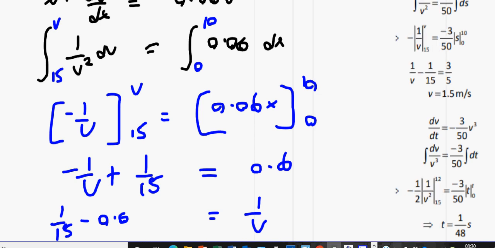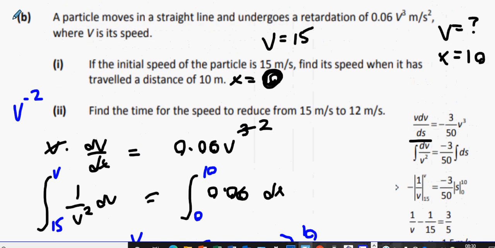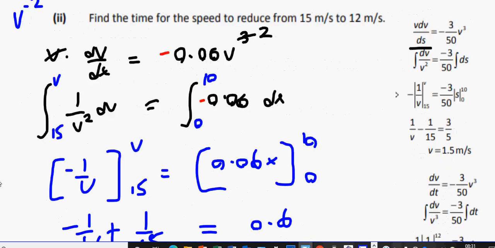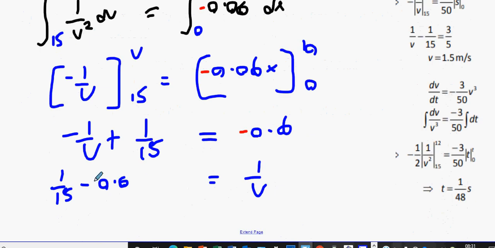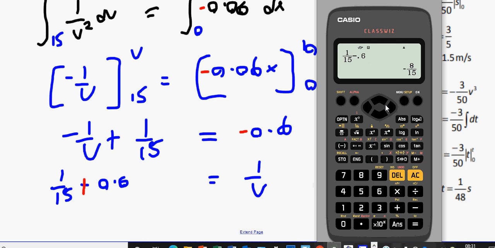What happened to my minus from earlier? There it is, lads. So I got negative speed. I knew something was up. Keyword, deceleration. Minus, minus. Quick fix. Minus, minus, plus. And now you're back in business. So, yeah, that can happen.